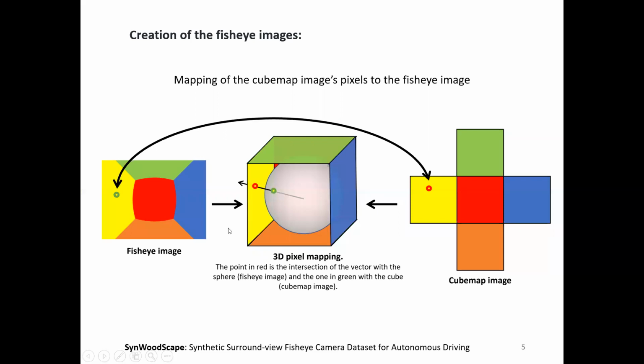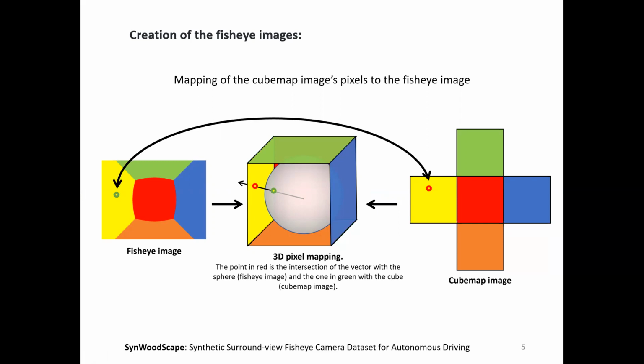To create the fisheye images, we use the following framework that generates mapping lookup tables to map pixel values from a cube map representation to a fisheye image. First, we use the calibration parameters and the calibration model used to calibrate the real WoodScape cameras in order to compute the 3D vectors associated to each pixel in the fisheye image, here represented by a unit sphere.